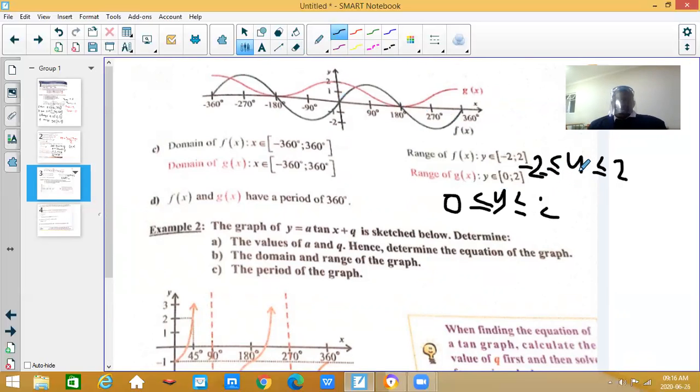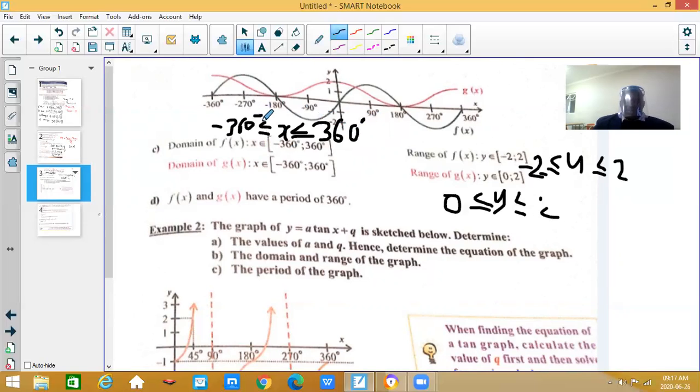So we are saying the range ranges from -2 to 2. These are the Y values. Now if you are looking at the domain, these are the values of X, which start from -360 to +360.